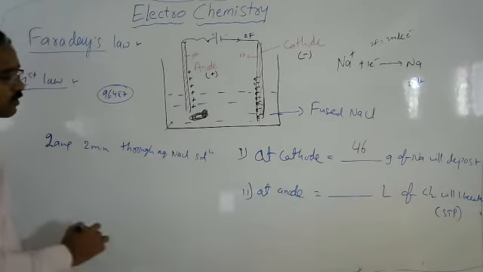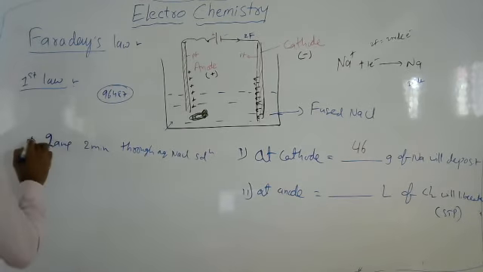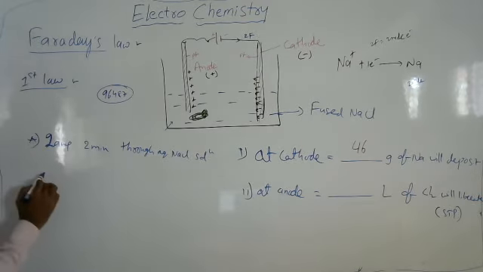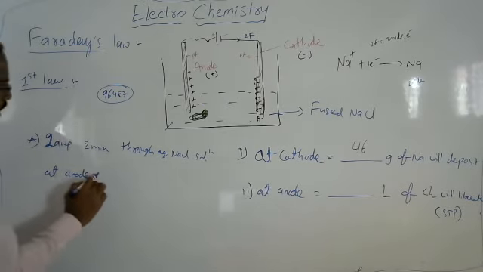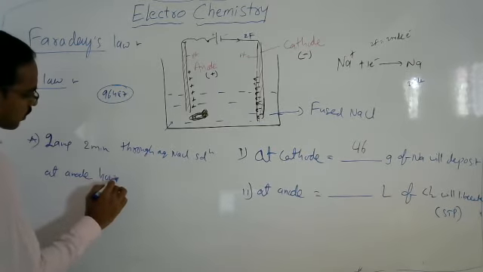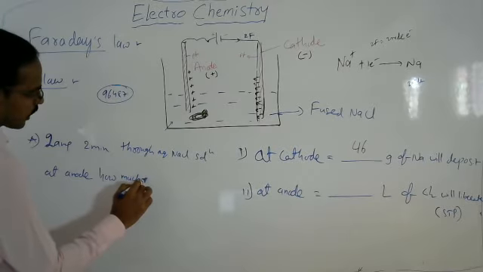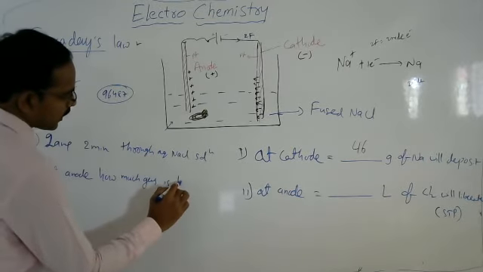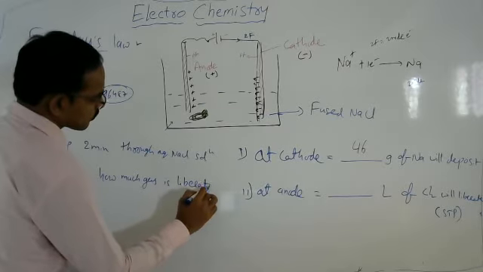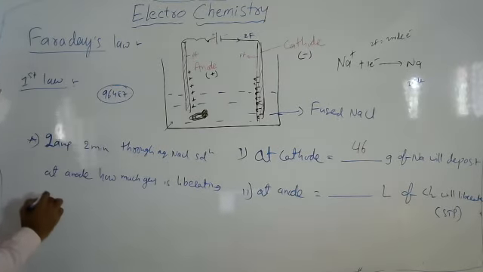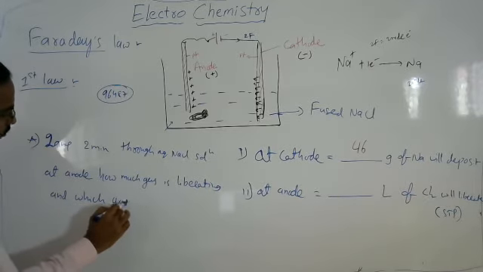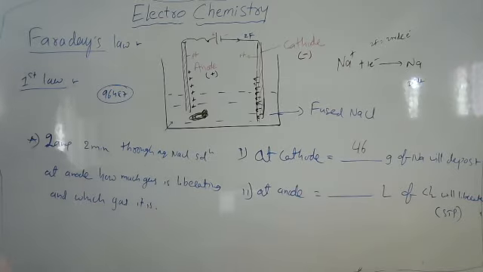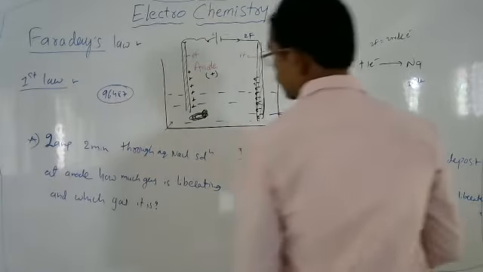Now, at anode, how much gas is liberating? And which gas is it? Quantity as well as which gas?